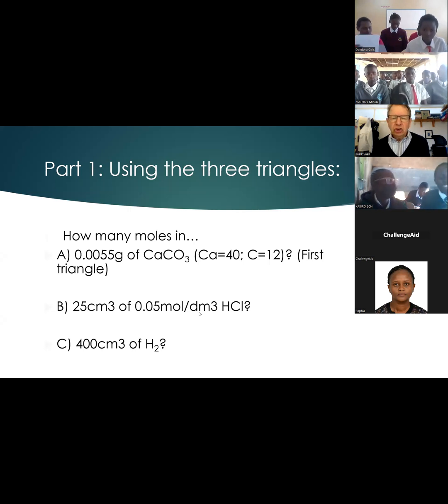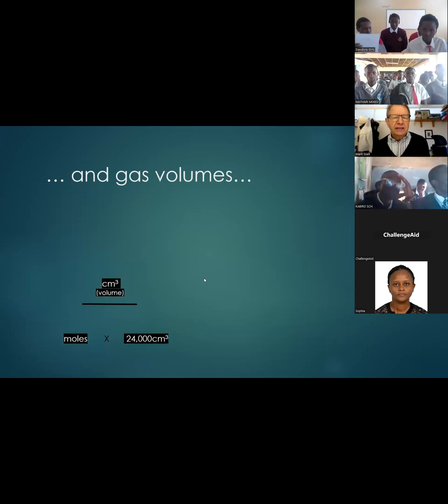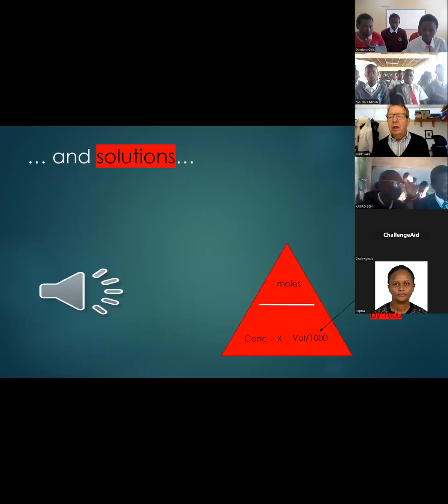The second triangle shows that moles equals concentration, that's moles per cubic decimeter, times the volume over 1,000.